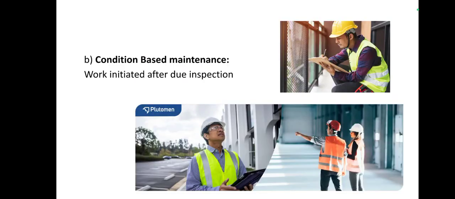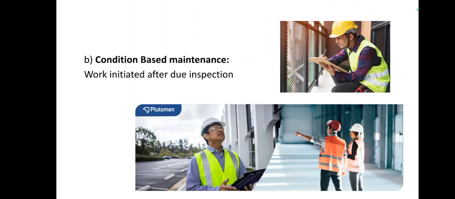The second one is condition based maintenance, based on some condition. Suppose a consultant is called to do an inspection of a building for repair, rehabilitation or demolition. Based on the suggestion, if you are doing some work, that is called condition based maintenance.